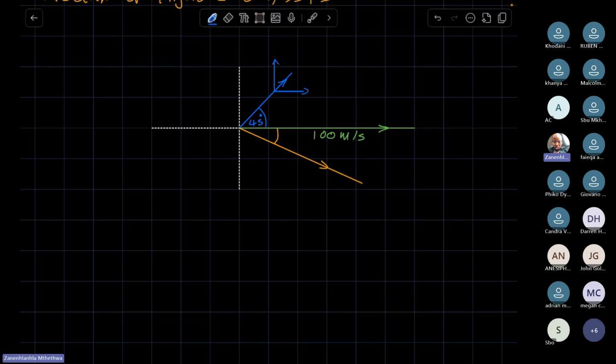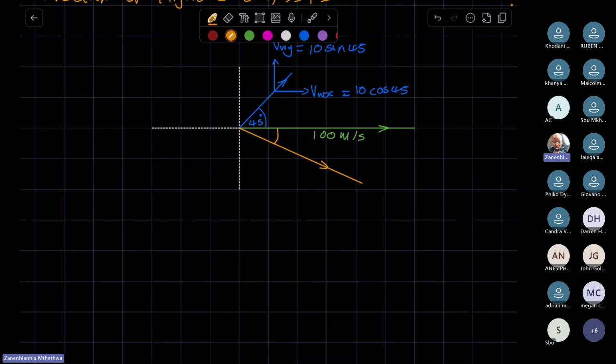When you resolve this into its components, we're going to have this component as well as that component. The x component of VW is headed east, and VW is equal to 10, so this would be 10 cos 45. The y component of VW, seeing that it is headed north, is positive 10 sine 45.